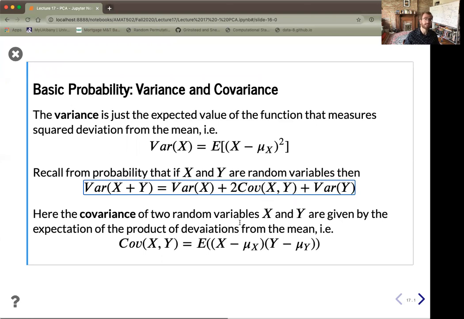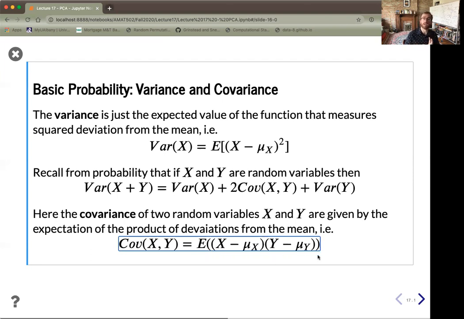The covariance is defined as how the deviation from the mean of x, x minus mu x, and the deviation of y covary. Meaning, when this quantity is positive, does the other tend to be positive as well, or does it not matter? Correlation is, in a sense, detected by covariance.